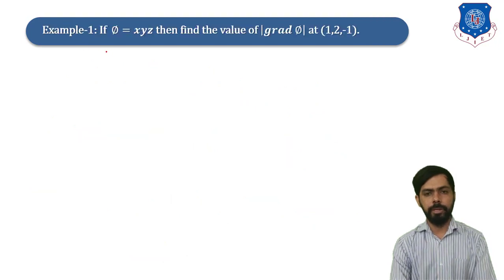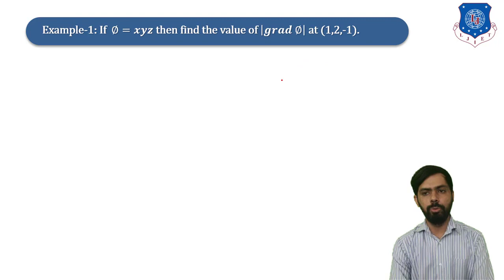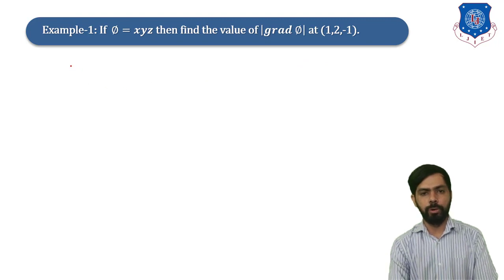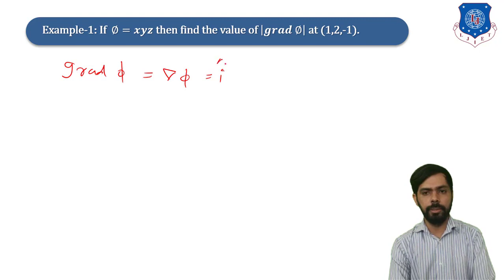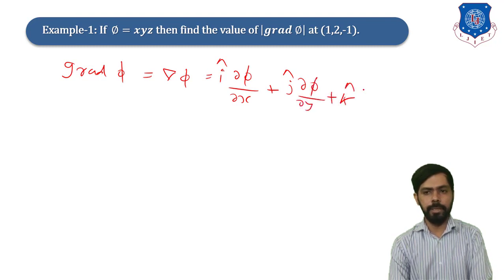First example: if phi is equal to xyz, then find the value of the magnitude of gradient phi at point (1, 2, -1). First of all we will find grad phi, which is defined as i del phi by del x plus j del phi by del y plus k del phi by del z.